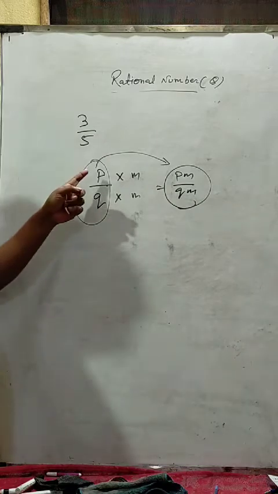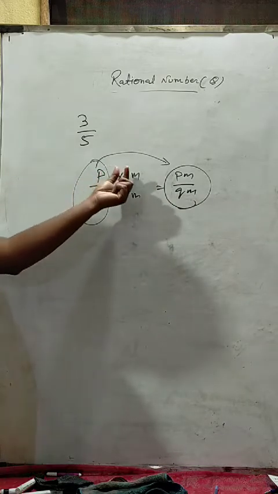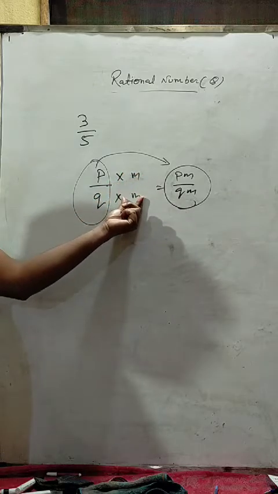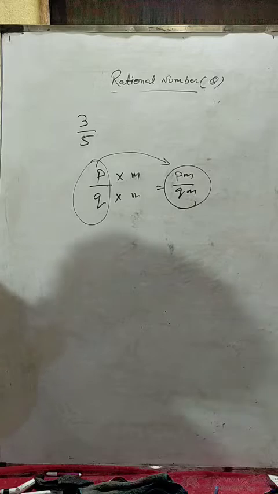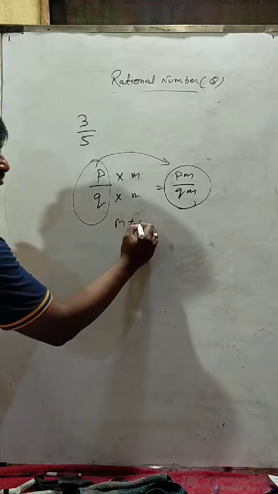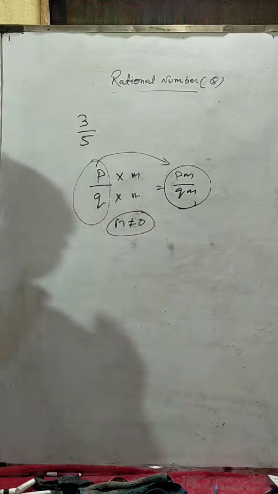If a number in the form of P by Q is multiplied by the same non-zero number, remember, same non-zero number, here m should not be equal to 0, otherwise q is 0.